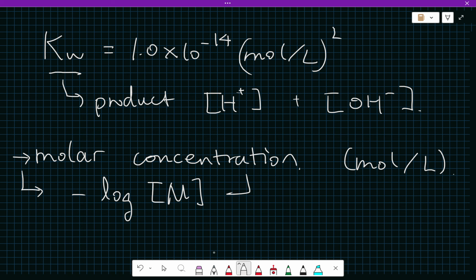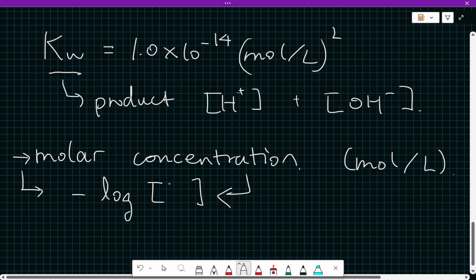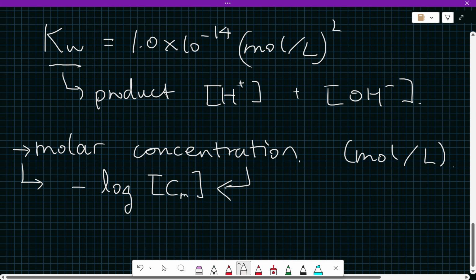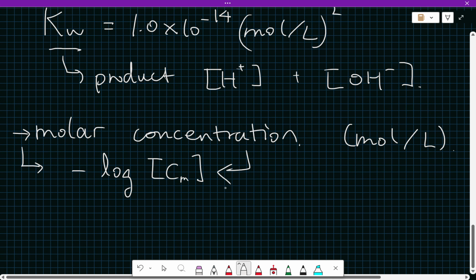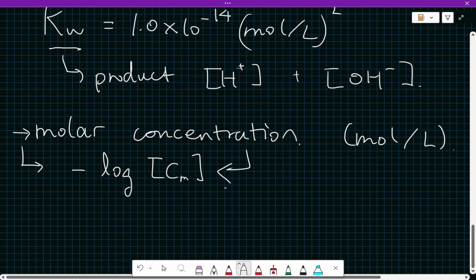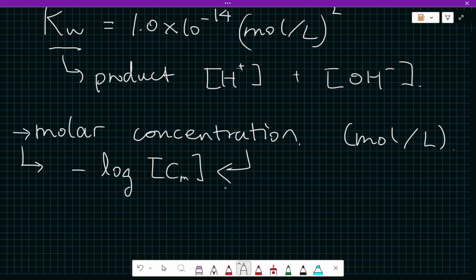Or I'll use C to represent concentration. The pH of a solution is the negative of the logarithm to the base 10 of the hydrogen ion concentration, which is mentioned here.